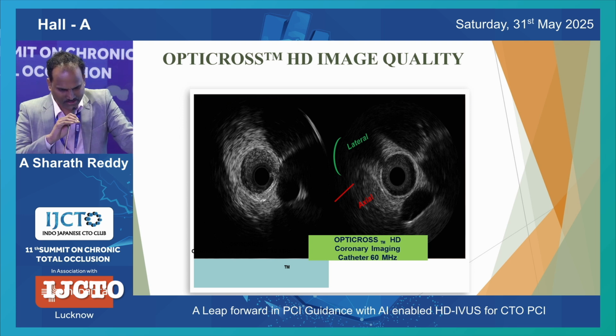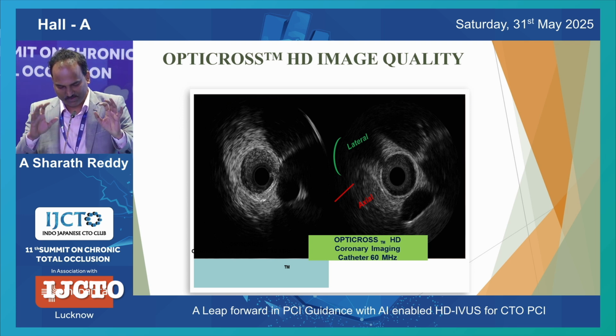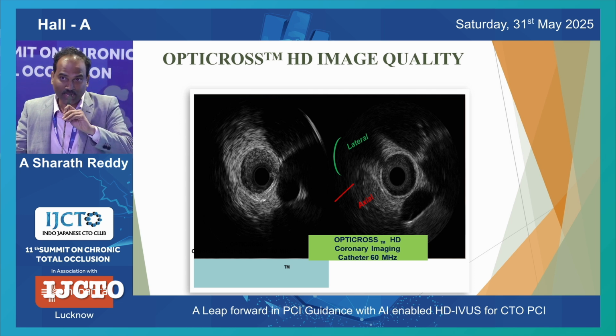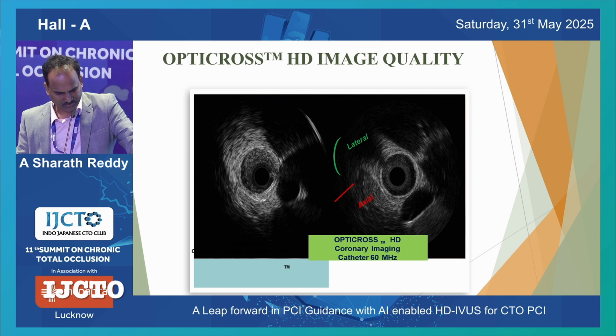And regarding image, the key is basically that HD improves your visual acuity of the image. So you can see we can clearly differentiate media, and also if you look at speckling in the lumen, there is a significant difference.